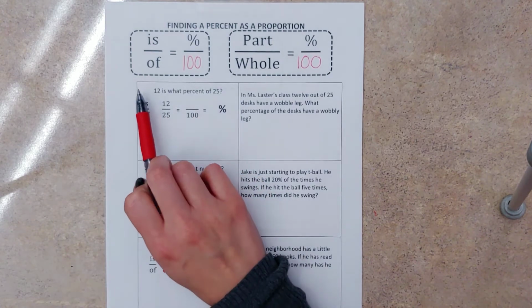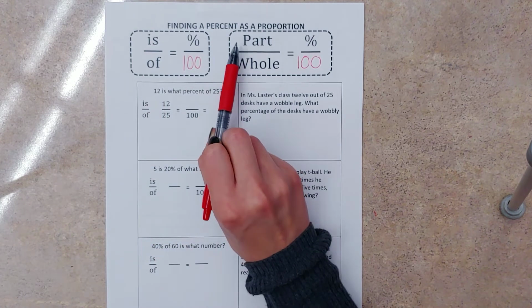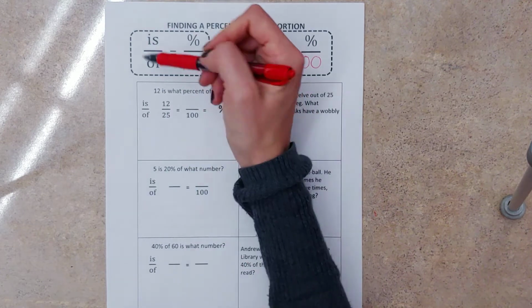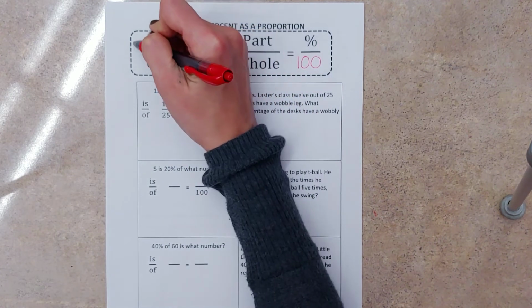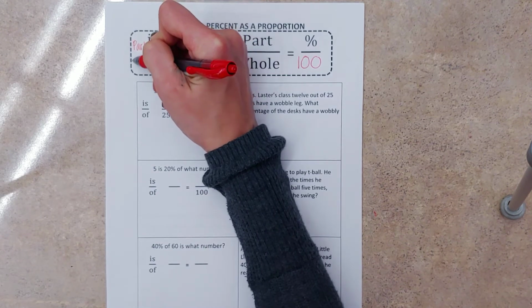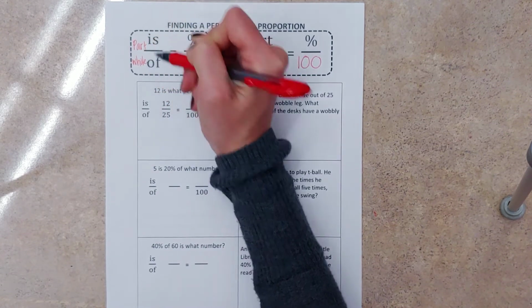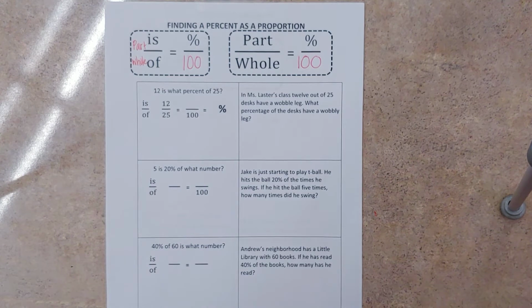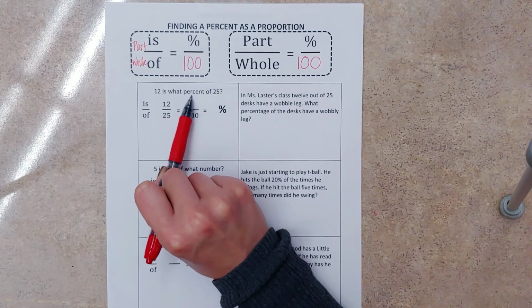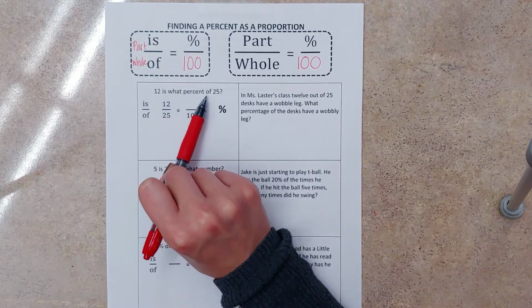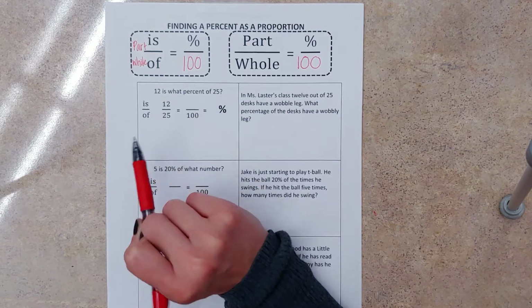But we come back to the same premise that we're talking about a part and a whole. So even if we have weird words like is and of, we're still talking about a part and we're still talking about a whole. So for example, 12 is what percent, 12 is what part of the whole 25.